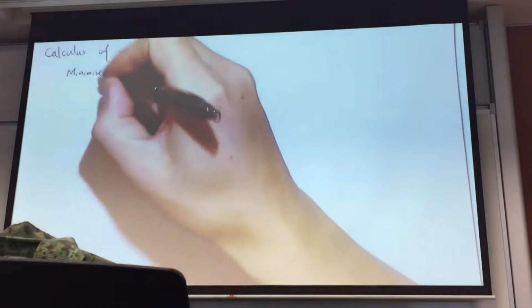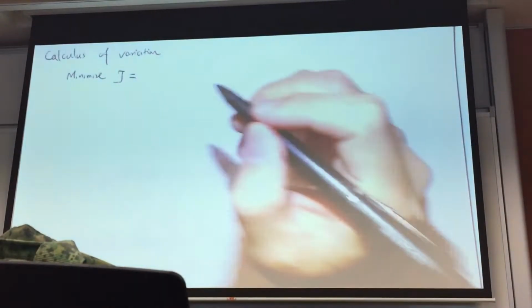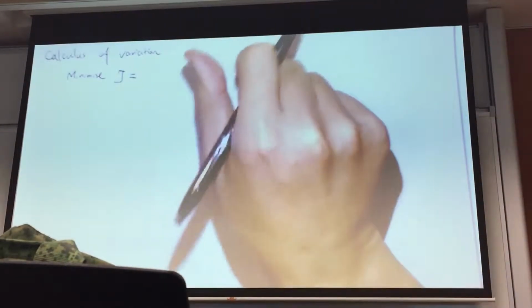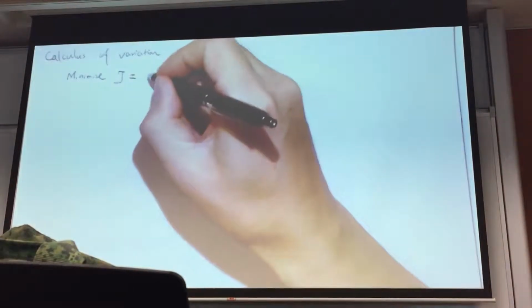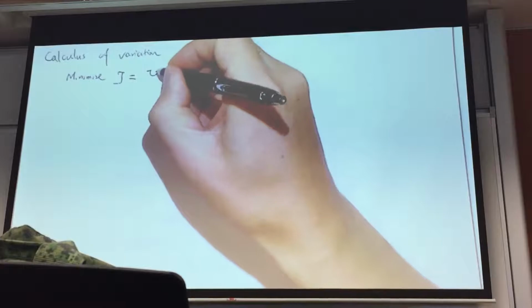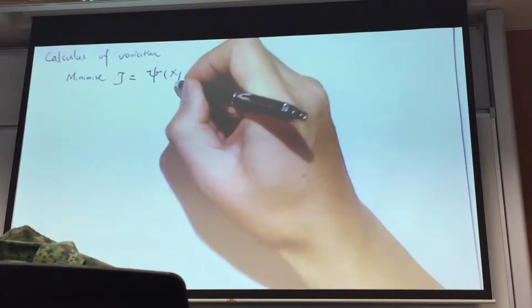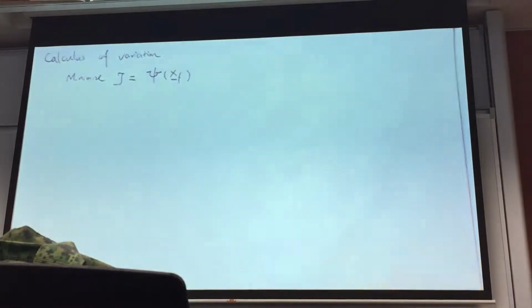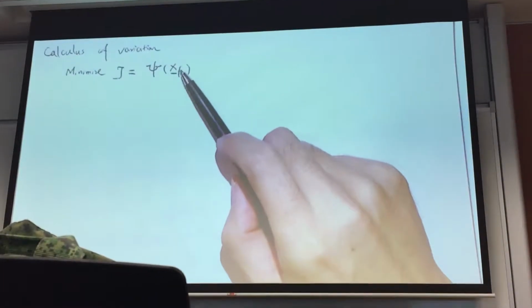We address a scalar cost function J. The J consists of two parts. The first part is related to the final state. The X is the state vector.